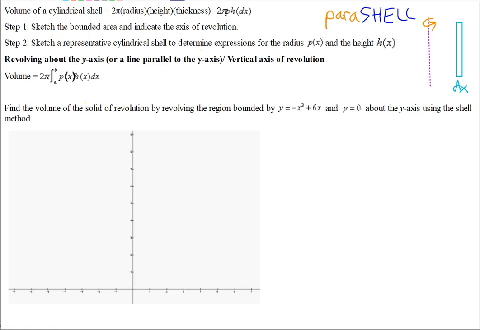So the shell method really just comes from a cylindrical shell. It comes from the formula for the surface area of the part that wraps around. It's like a paper towel roll or a toilet paper roll, where both the top and bottom are open. And then it's got some thickness to it, which is what turns it into volume. That's dx.